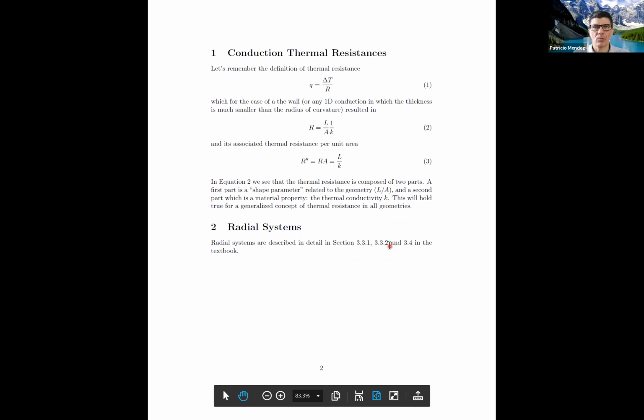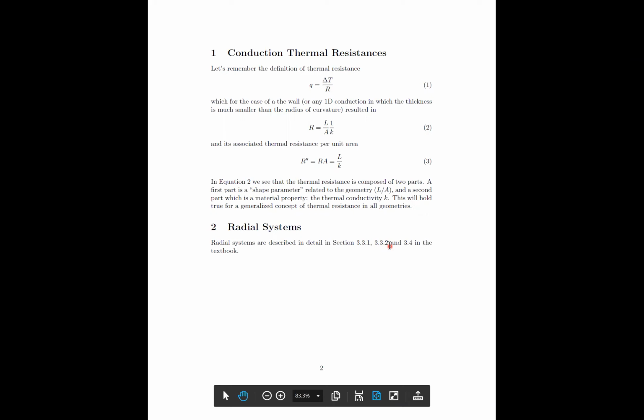However, we know what the equation for heat conduction in a cylinder or a sphere would be, because we saw that in the differential control volumes unit. So we can take those equations and do exactly the same we did with the plane wall. Say it is steady state, so the transient term goes away.